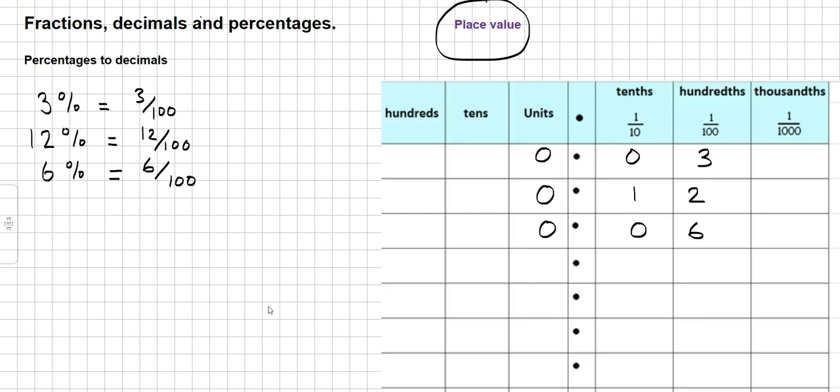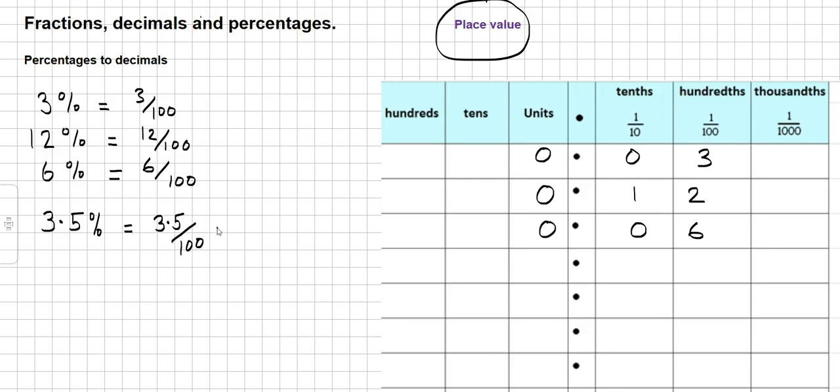Where it gets trickier still maybe is if we had 3.5%? So we're using a decimal already, and we've got to turn this into a decimal. Well, 3.5% would still mean 3.5/100ths, which looks weird in itself because we're not used to mixing decimals and fractions.